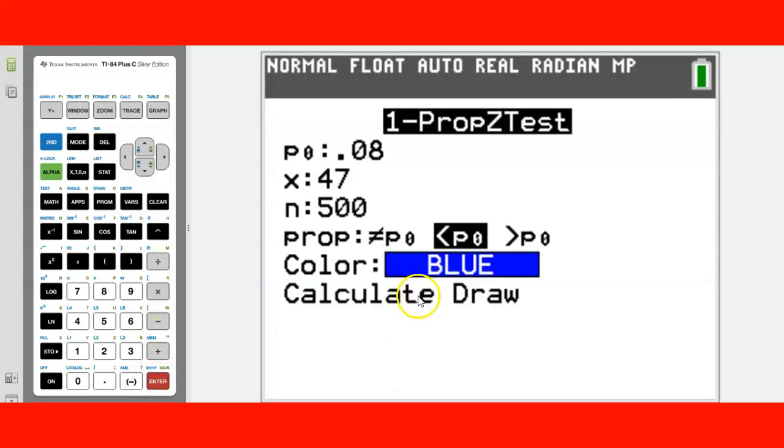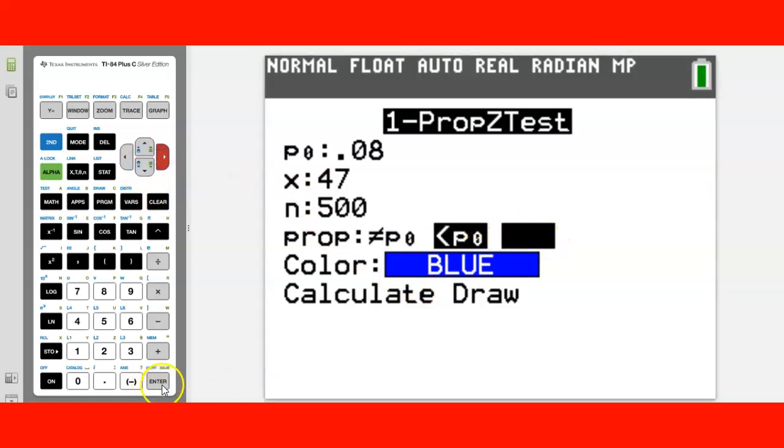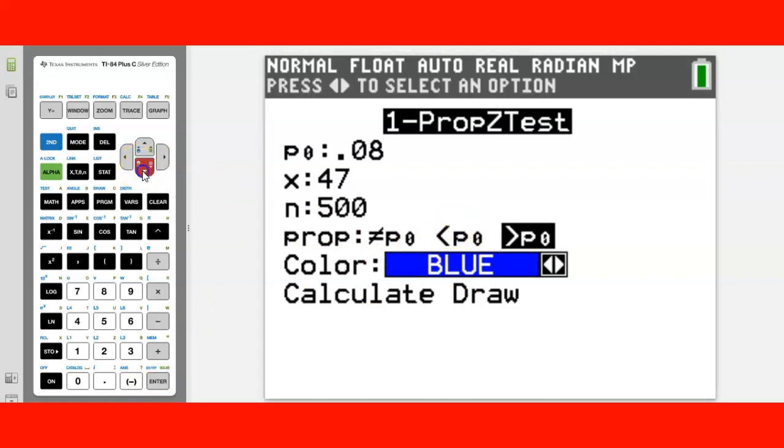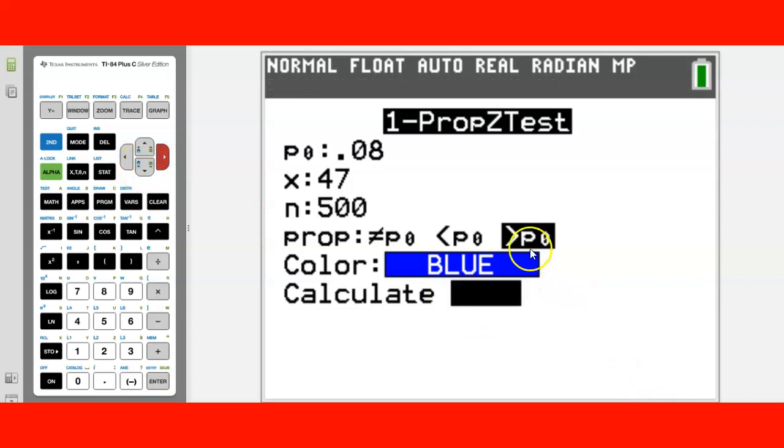That was an actual mistake, but I'm going to pretend I did it on purpose to illustrate something. I just said greater than, but I didn't actually click on it, so it stayed on less than. So make sure that you actually click on the one that you mean.